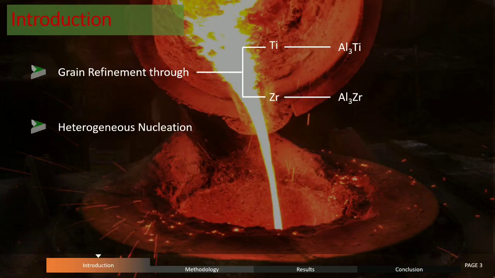Homogeneous nucleation nucleates in the melt without any second phase. For example, if a nucleation starts inside the melt and there is no other medium for the embryo to start, it's a homogeneous nucleation.